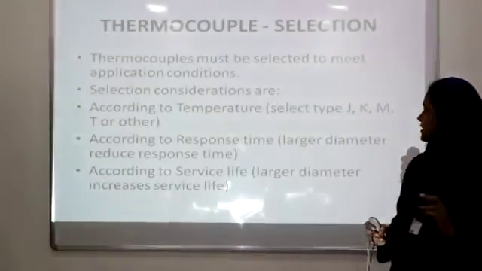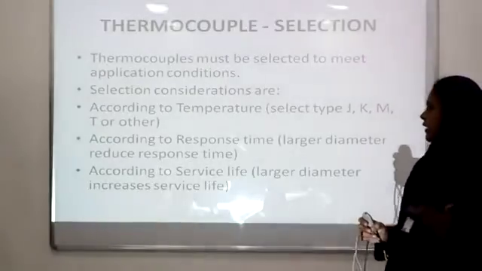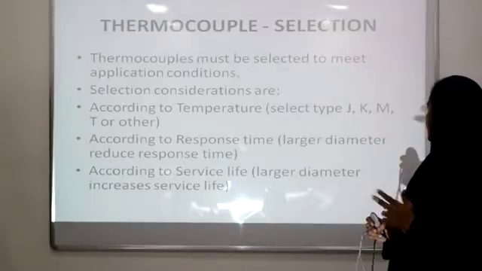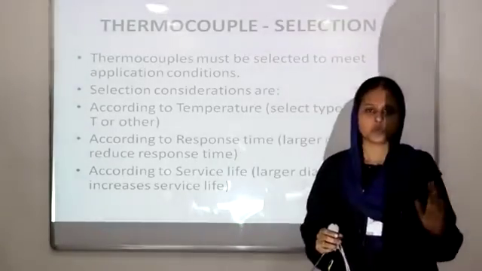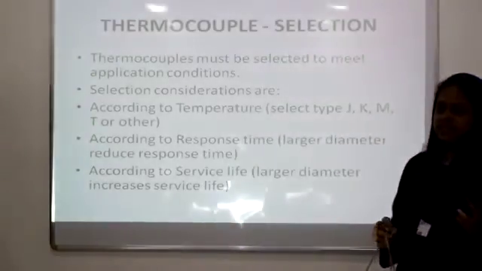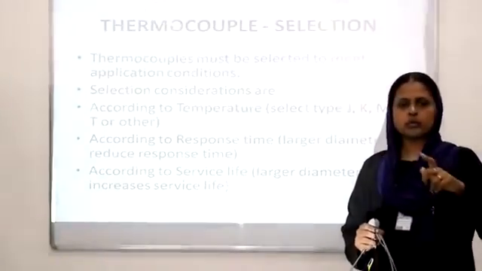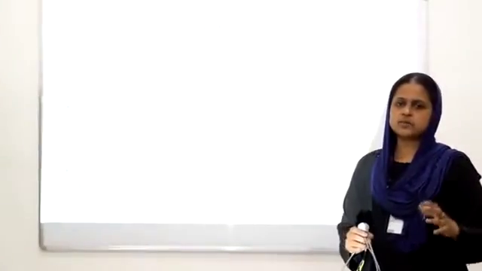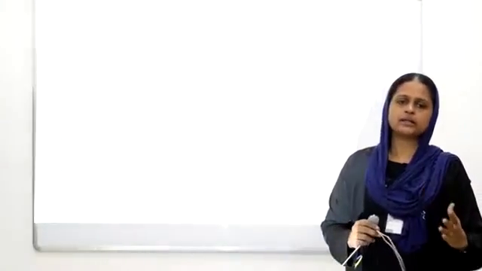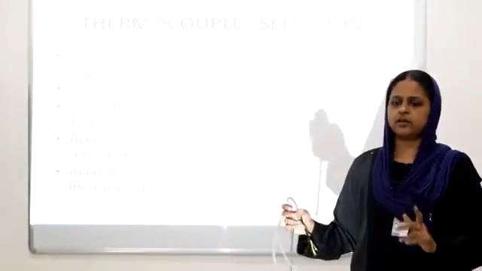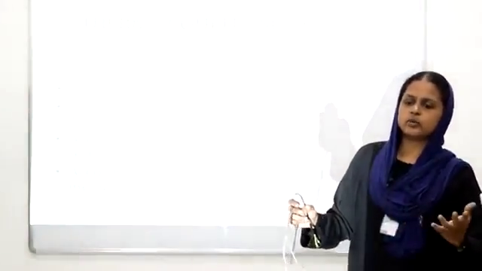The second one is selection considerations. According to the temperature range, as I just told you, select type J, K, N, T or another based on the temperature necessary. Then the response time: not all thermocouples have the same response time. If I want quicker responses, I can go with certain thermocouples. If I want a particular temperature range, I can compensate the response time and go with the particular thermocouple.